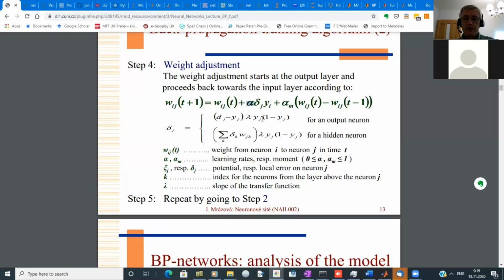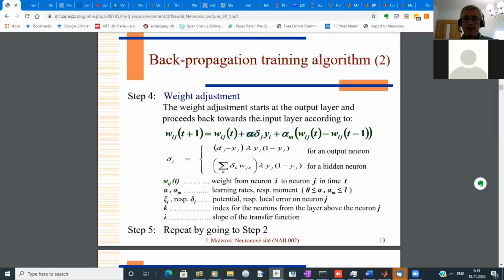So similarly as for the perceptron, the training set contains several training patterns, and the basic method of applying the backpropagation algorithm is that we submit the first training pattern, we compute the output of the network, and after that we adjust the weights backwards, going from the output layer to the input layer.